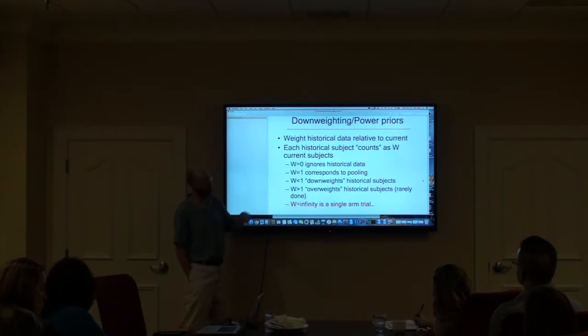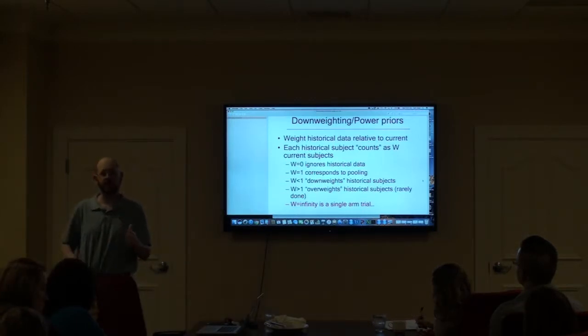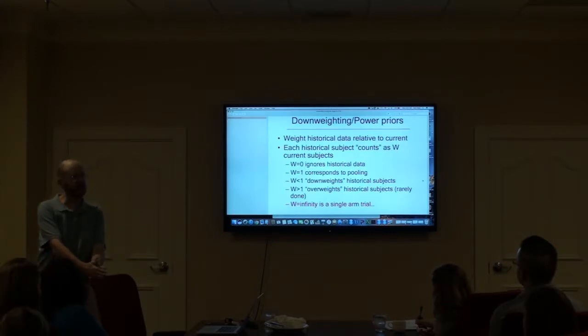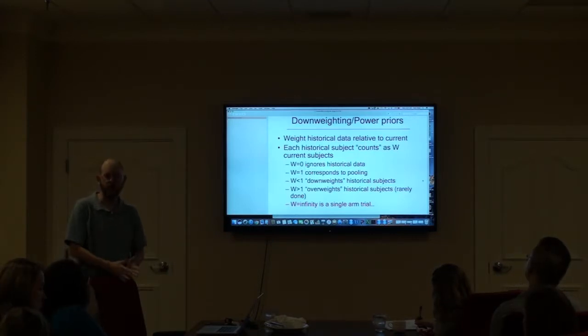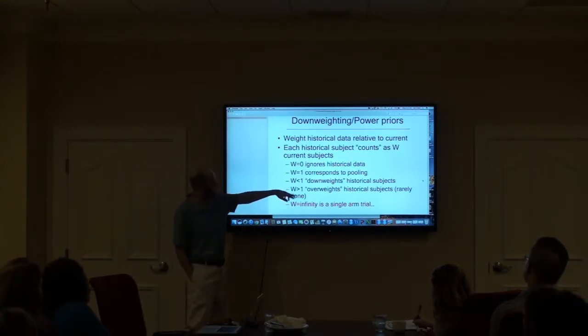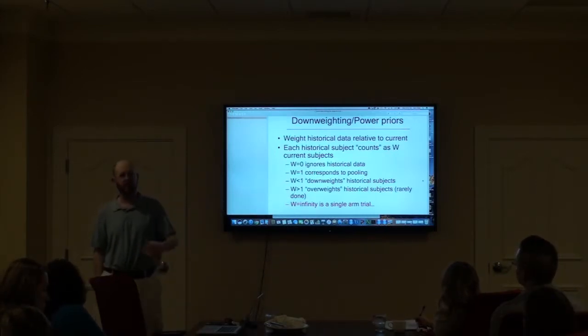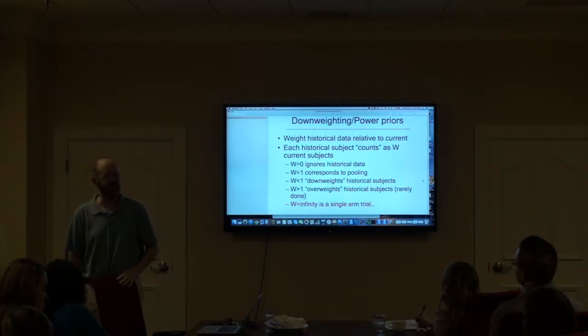Usually weights less than 1 are picked here, so that's called downweighting. So we might say we're going to count each of the historical subjects as 1/2 or 1/4 or 1/5 of a current patient. And this doesn't actually get done very often. In theory, you could overweight them. I'm going to count the historical subjects as twice as valuable as the current ones.